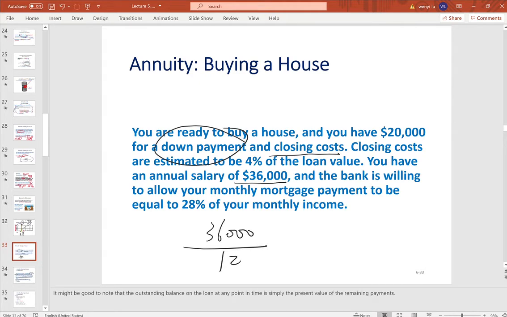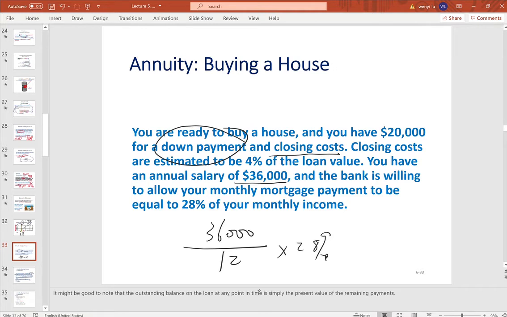You can only use 28% of your monthly income to pay the loan. The legal regulations require that applicants can only put a portion of the income toward the mortgage. The remaining money you need to support your daily expenses like groceries, rent, and other living expenses. You cannot put all the income to pay the mortgage. It doesn't make sense, right?